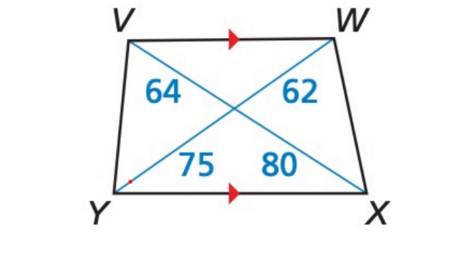Okay, so if I look at this, is 62 and 75 the same as 80 and 64? Right, if I add this, 64 and 80 would be 144. And then if I add 75 and 62, we get 137. So they are definitely not the same length, so this is not isosceles. This is just a trapezoid. Okay?